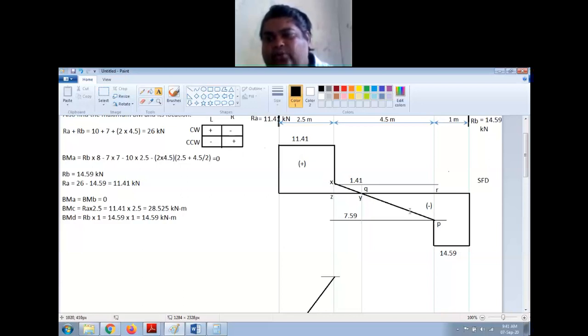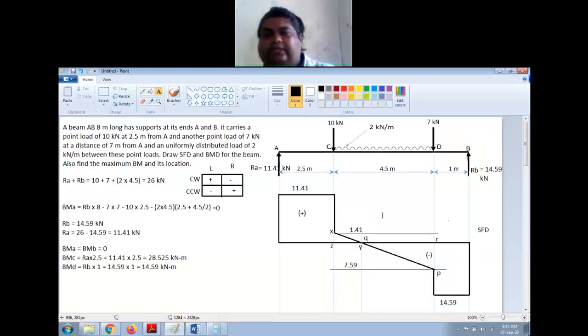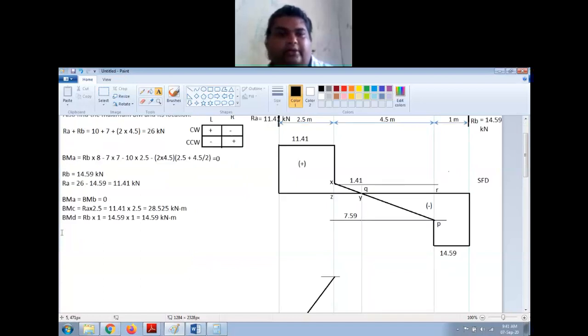XY and QP is a common side of the triangle. So I can say this triangle is similar to this triangle. Now using the similar triangle concept, I will have to find the length ZY, which will give me the position of maximum bending moment, right?